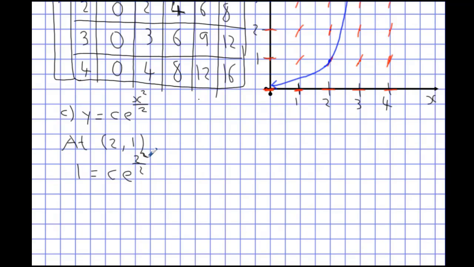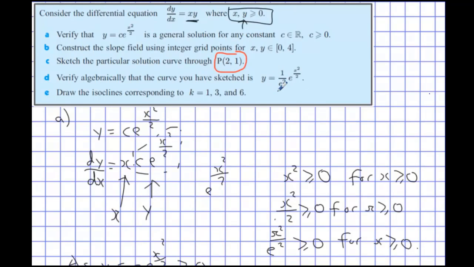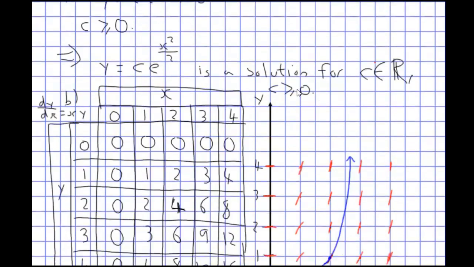So 1 equals c times, well, it's e to the 4 over 2. So that's e squared, c e squared. So then if we solve for c, well, c is going to be 1 over e squared. And if you look at what we're aiming at, there is our c, 1 over e squared. So that looks good.